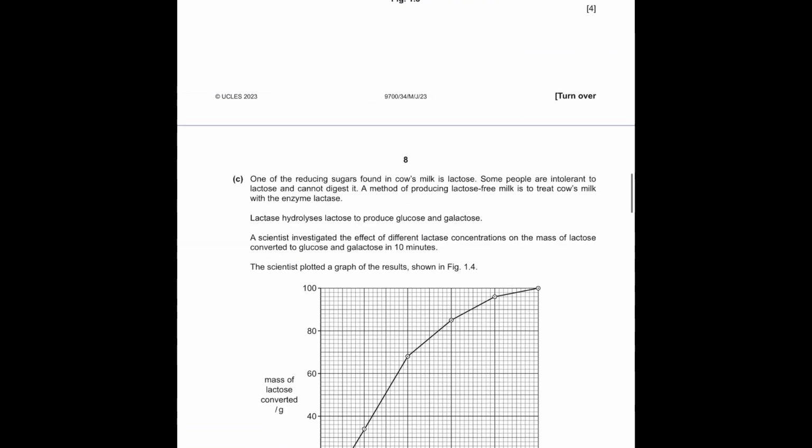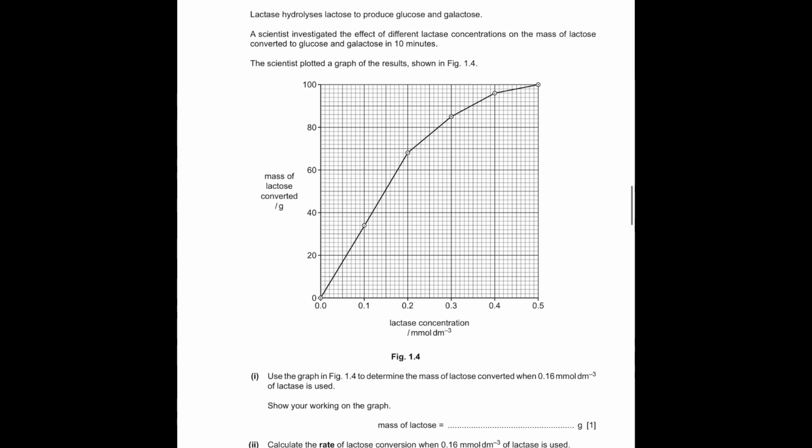Okay. And then here, one of the reducing sugars found in cow milk is lactose. Some people are intolerant to lactose and cannot digest it. A method of producing lactose-free milk is to treat cow's milk with the enzyme lactase. Lactase hydrolyzes lactose to produce glucose and galactose.